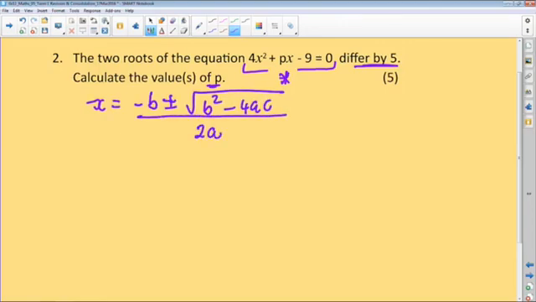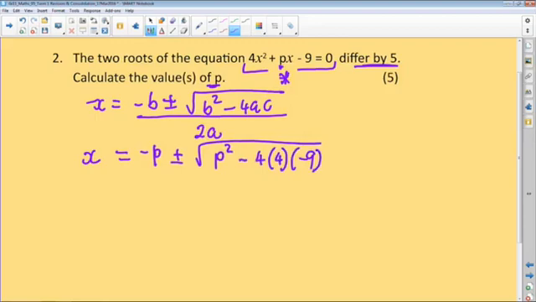So how do we get the roots here? x is minus p, your b in this case is p, plus or minus the square root of p squared minus 4, your a is 4, and your c is minus 9, all divided by 2, and your a is 4.